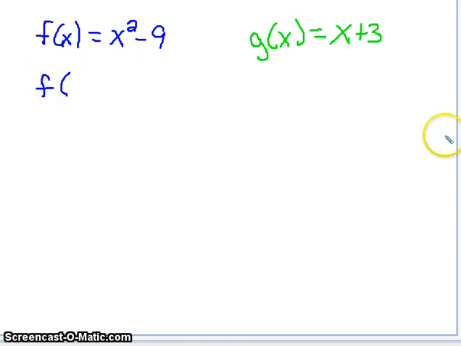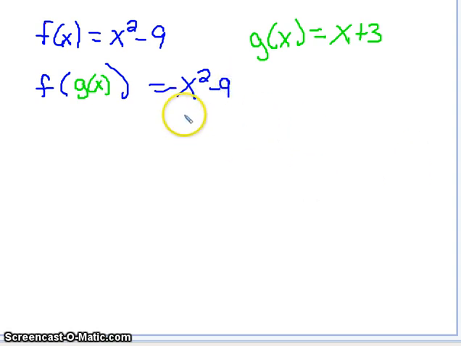If I find f of g of x, meaning I start with x squared minus 9, and then for x squared, I'm going to plug in the x plus 3 and then square that, minus 9. The one thing that we are going to make a mistake on is we are going to forget to FOIL.